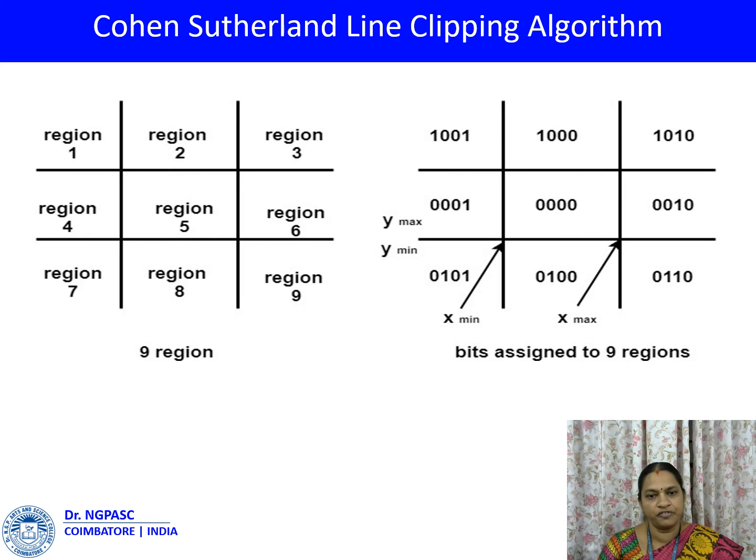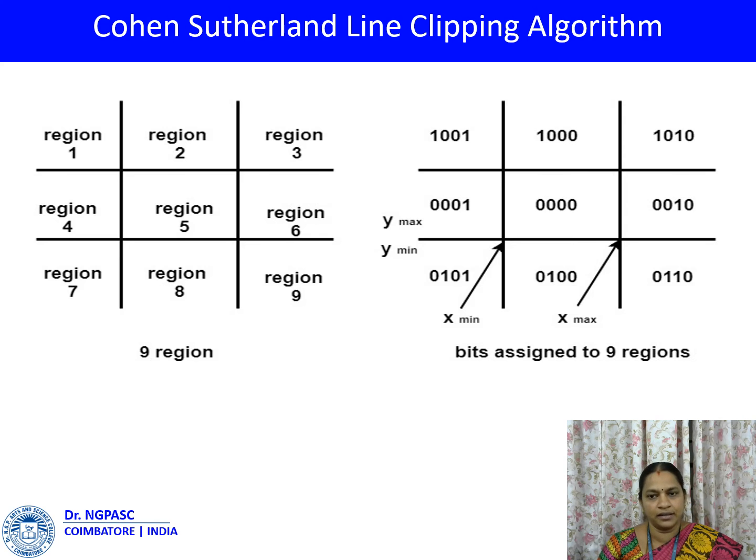Here is an example for the 9 regions: region 1, region 2, region 3. That is, the rectangular area is divided into 9 regions and we term them region 1, 2, 3, up to 9. The center region, region 5, has the code 0000. That means if the line endpoints lie inside the window, they should have the region code 0000. Otherwise, for example, the region code 1001 assigned to a line endpoint means it lies at the top left of the window.